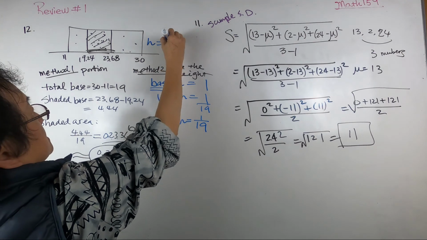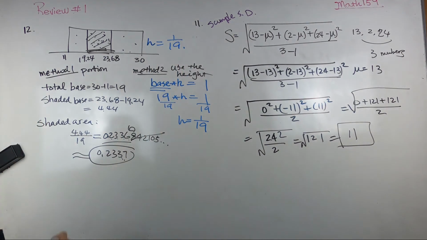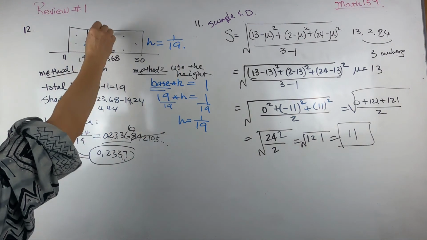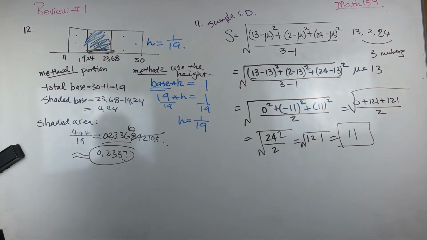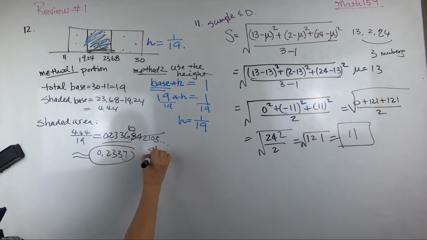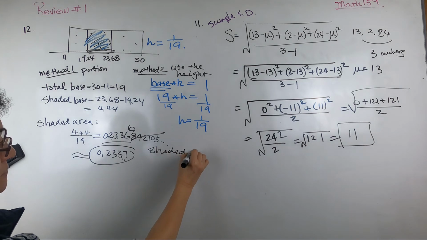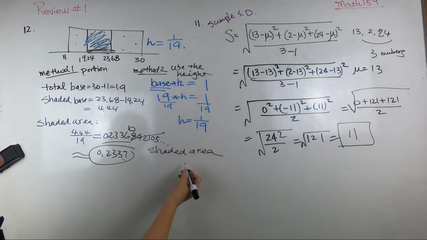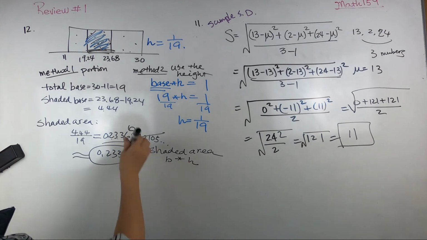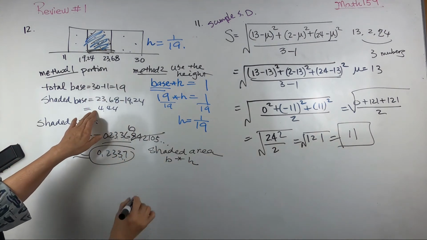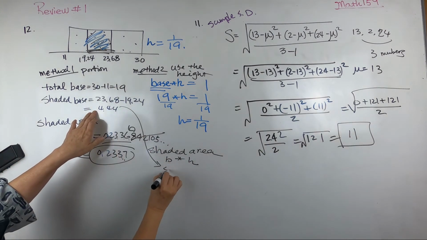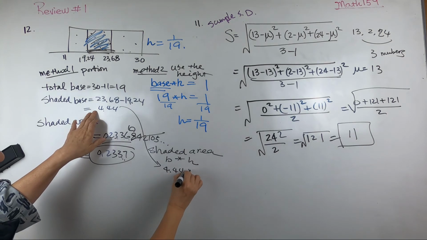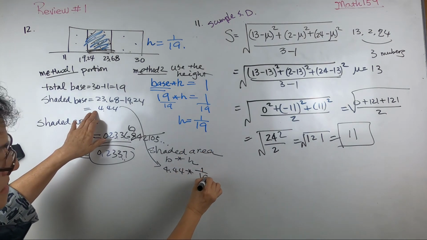Then for the shaded area, it's base times height. So the shaded base is 4.44 times your height, 1/19.